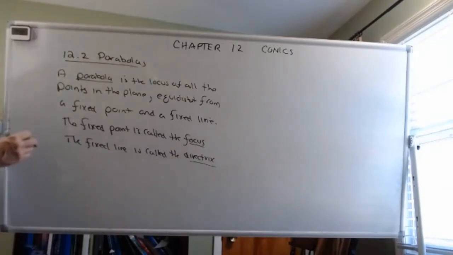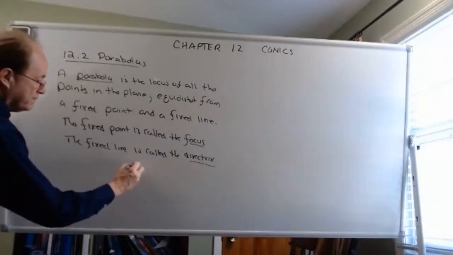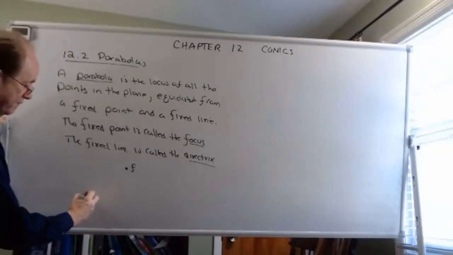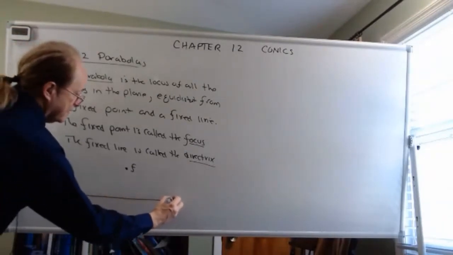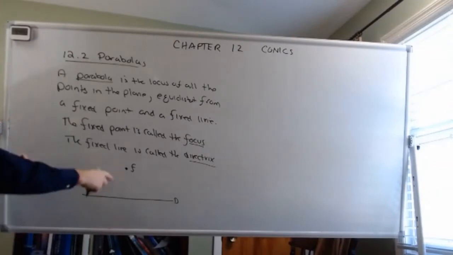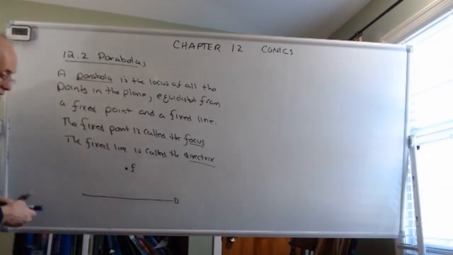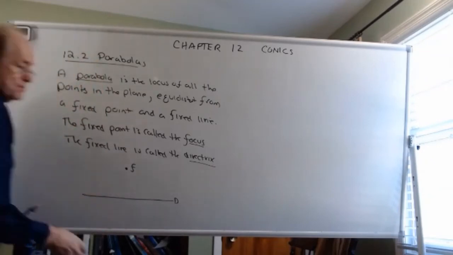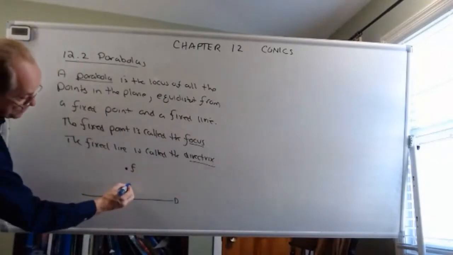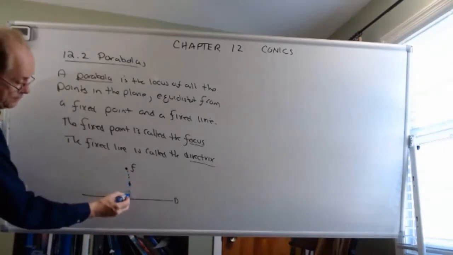So if I want to get a picture of what that is, I have some fixed point, call it F for focus. And then I take my fixed line over here, there's my directrix. And I want to be all the points that are equidistant from that. So I go halfway between my focus and my directrix, and I get a point that's halfway between. So that distance and that distance are the same.